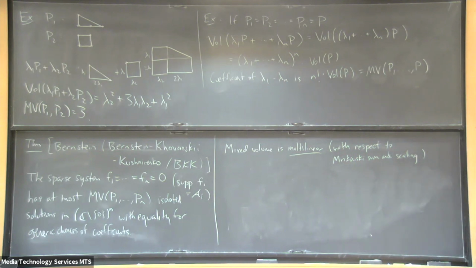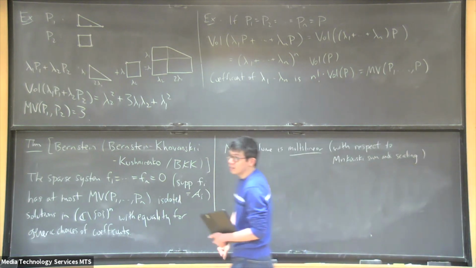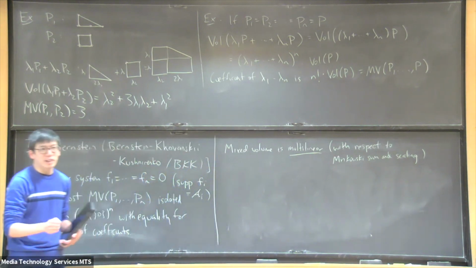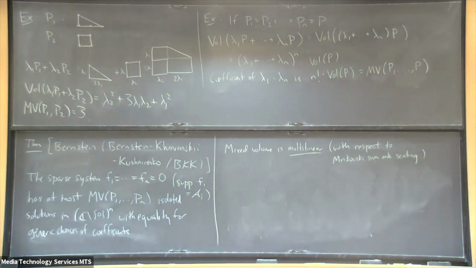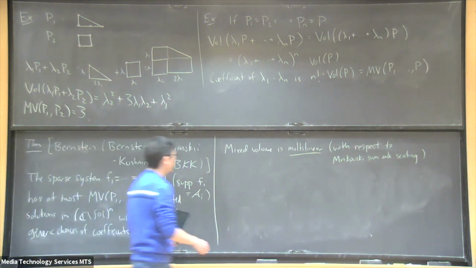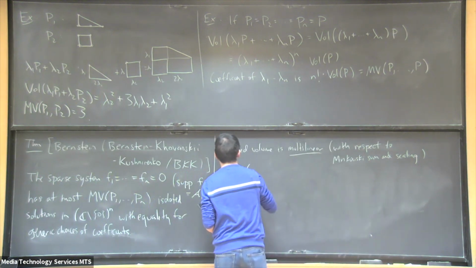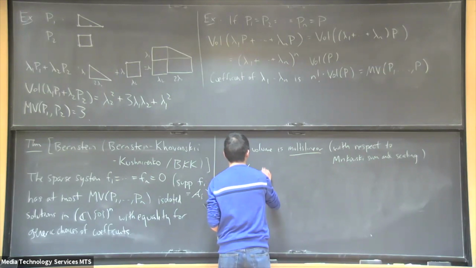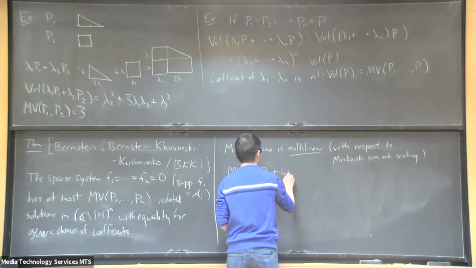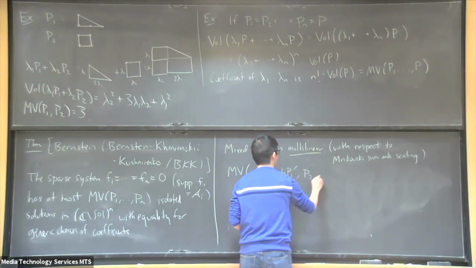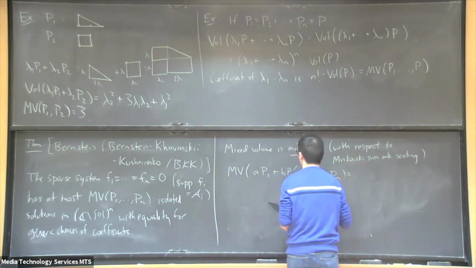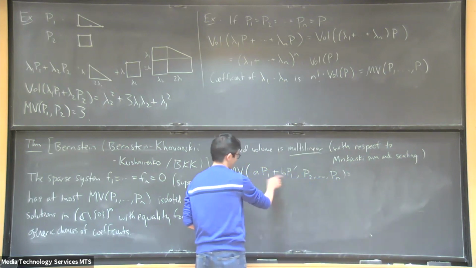So if I scale a particular polytope by a factor, then that will scale the mixed volume by that factor as well. Or if I replace a given factor with the Minkowski sum of two polytopes, right? If I have something like A P1 plus B P1 prime, and then a bunch of stuff, then this will equal, assuming A and B are non-negative.